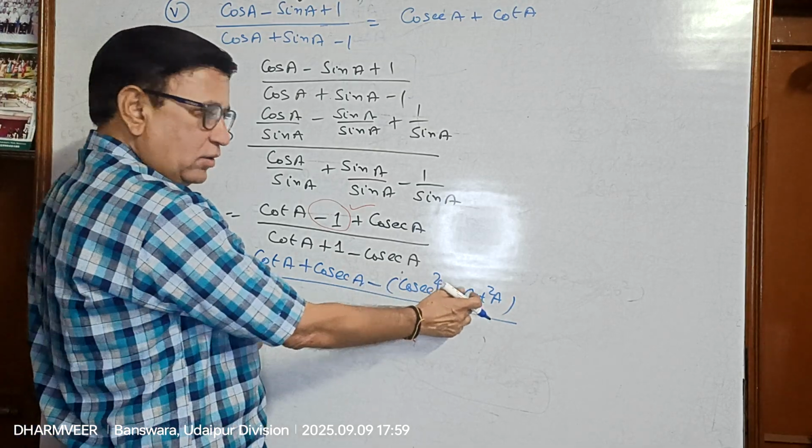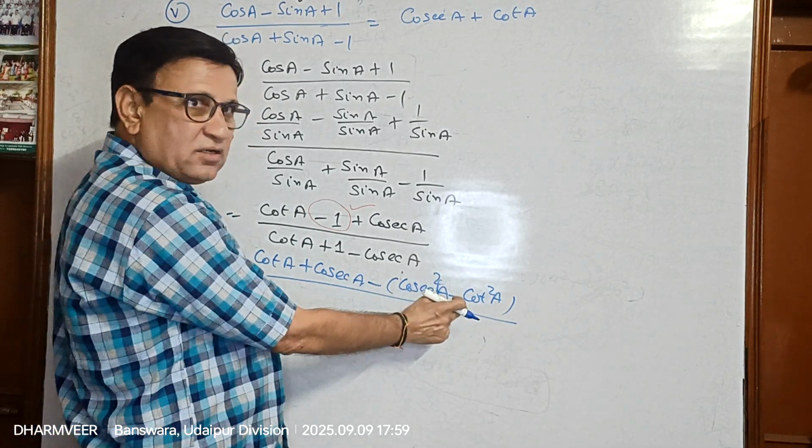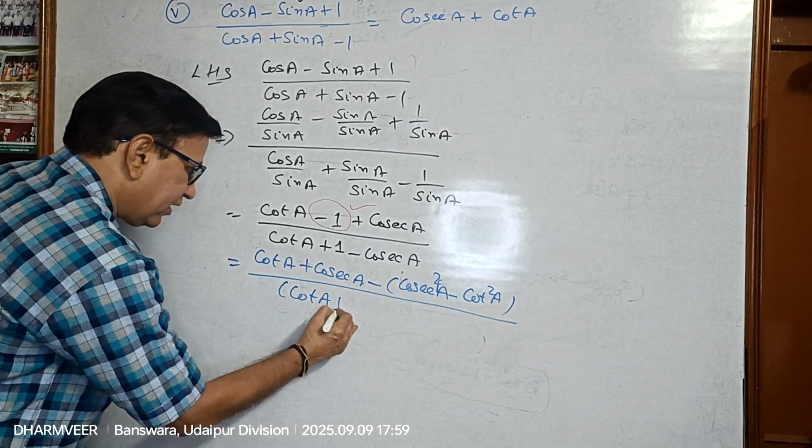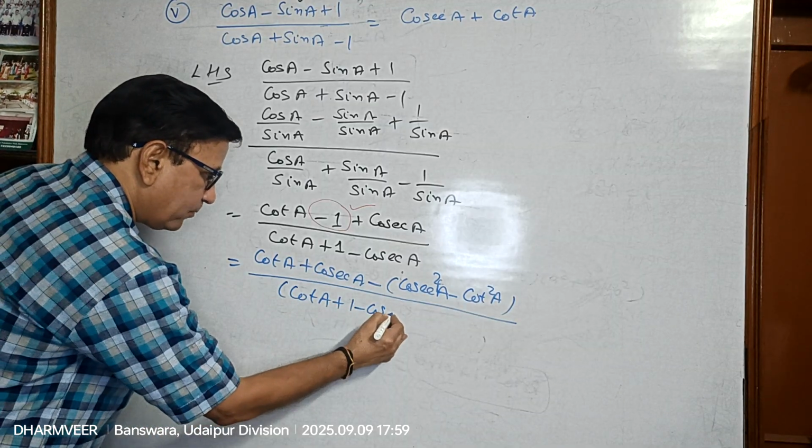So we apply cosec and cot here: cosec square A minus cot square A. In the denominator, write it without changing anything: cot A plus 1 minus cosec A.